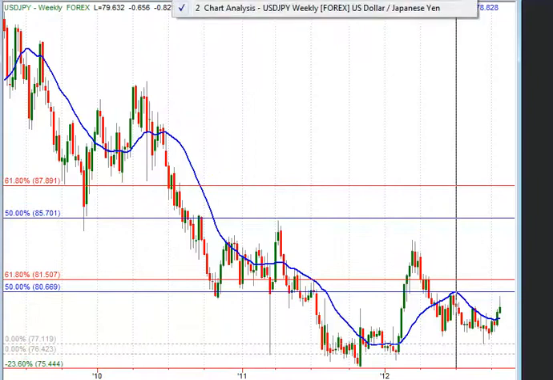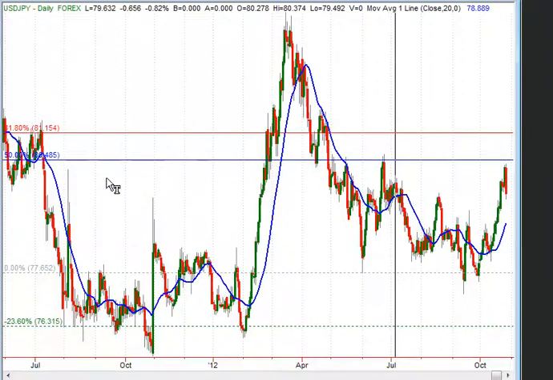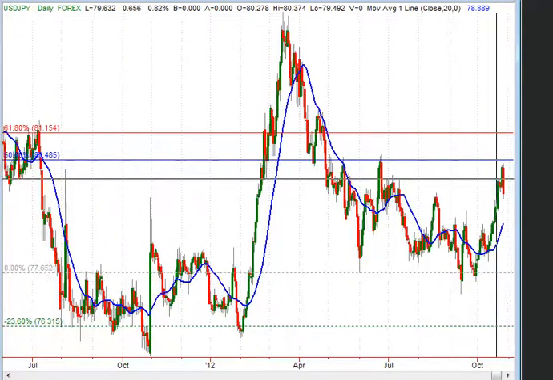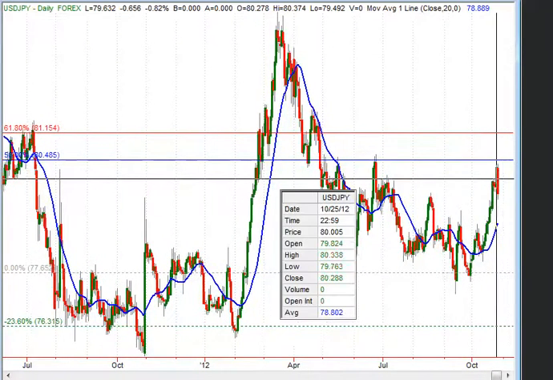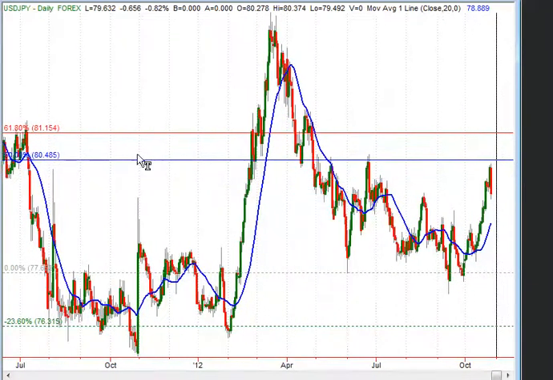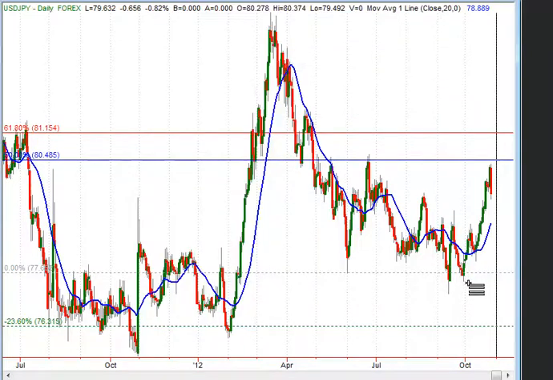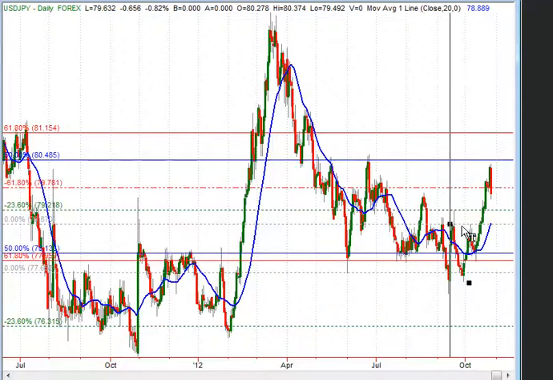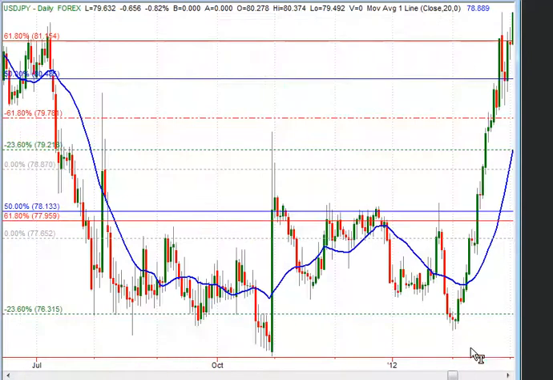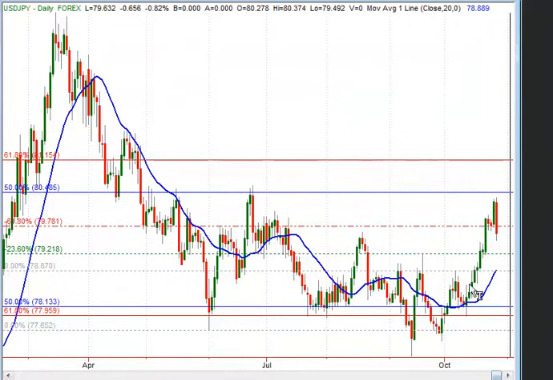On the daily, we can see we had this reaction to the resistance level in the 80.40 to 80.50 area. Price has been trading this extension move higher, sorry, this traditional move higher.